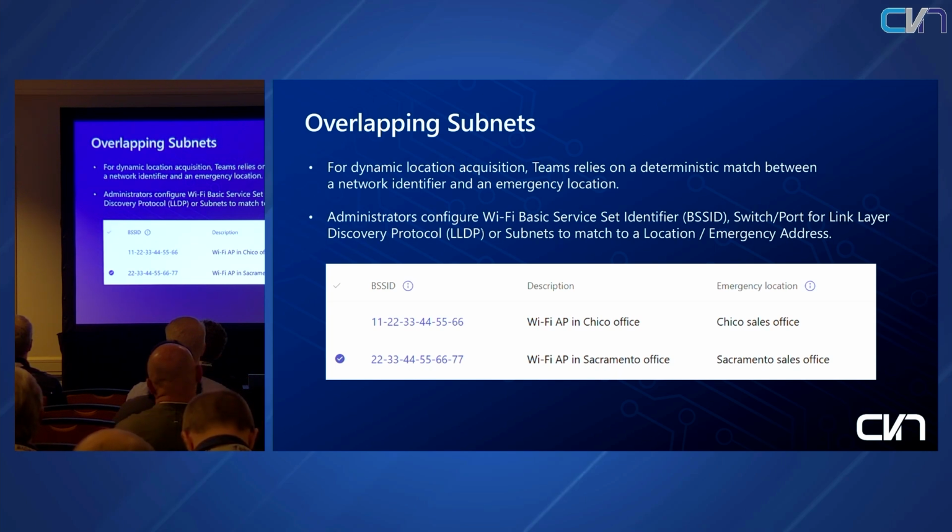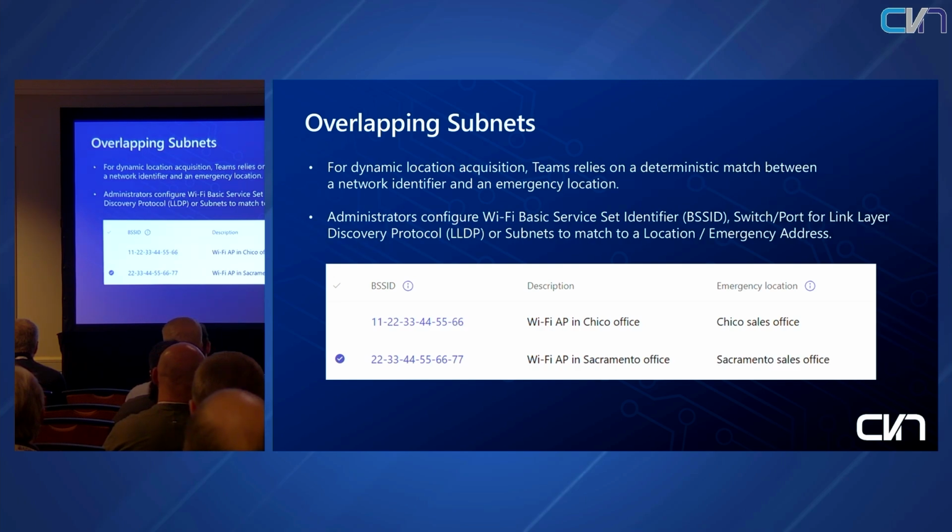You're doing this so that as the phone or mobile device or workstation is floating around the organization and picking up different network information, whether that's LLDP, the radio address from Wi-Fi, or a subnet, I'm going to be able to match that information accurately to a location.